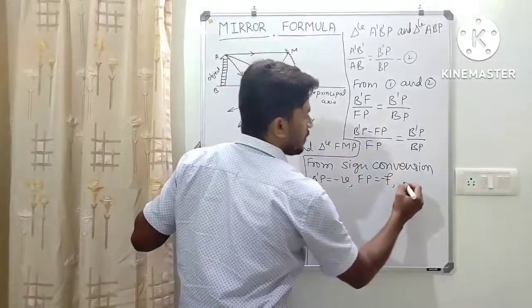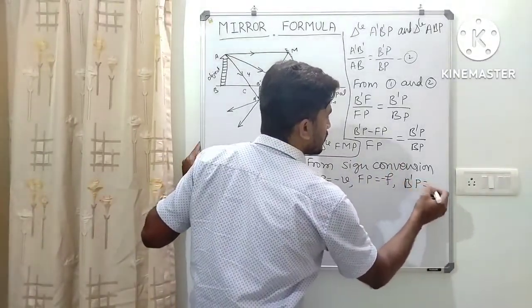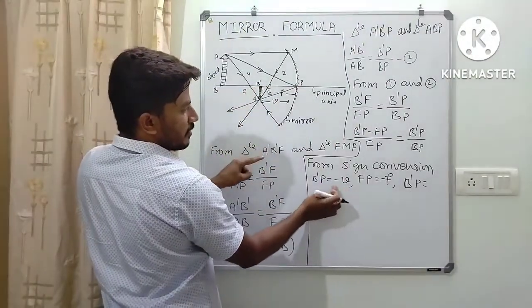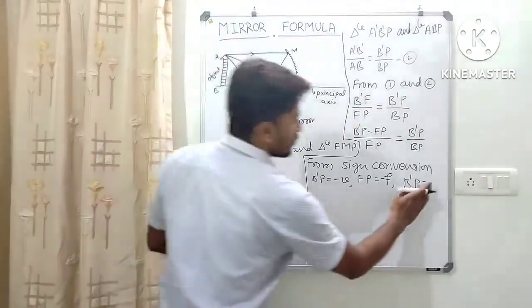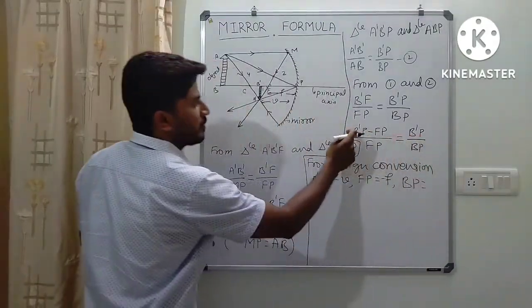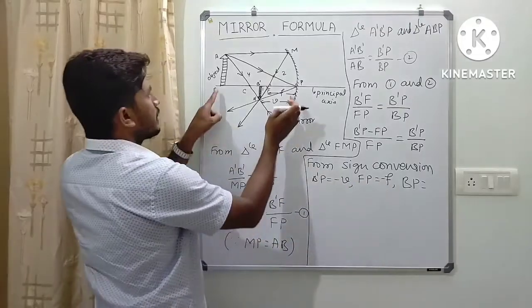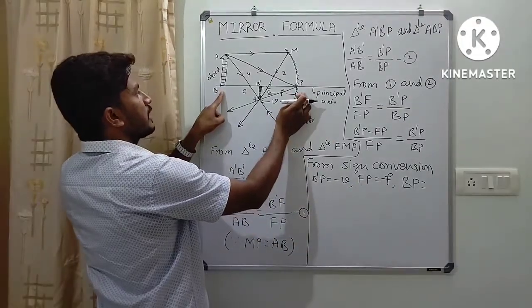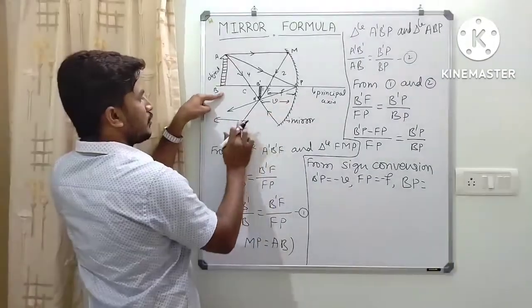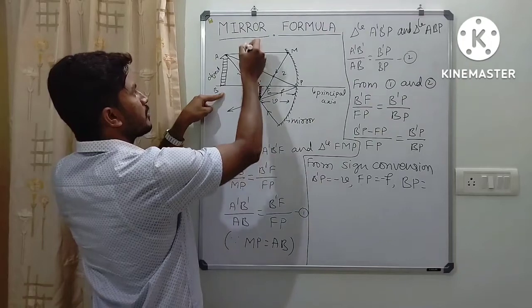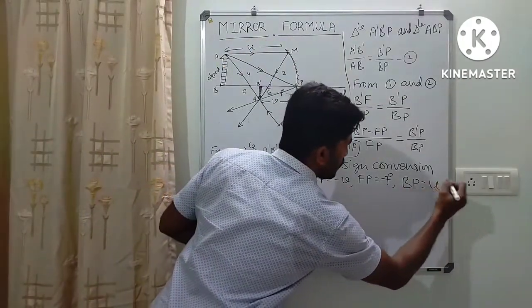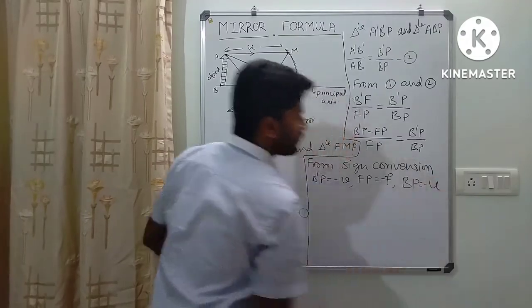FP, this is also minus F. What is B dash P? I have already written that, it is minus V, so no need to write again. What is BP? Not blood pressure, it is the object distance U. So BP is equal to U, that is also negative.